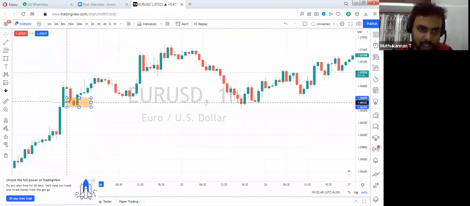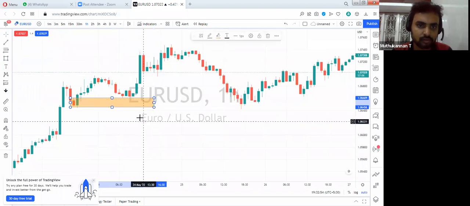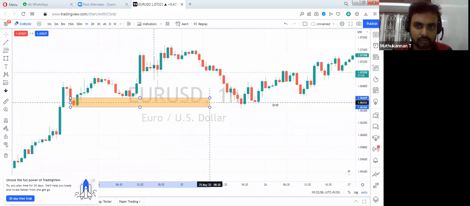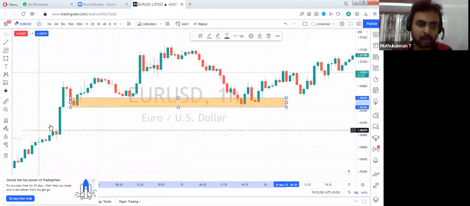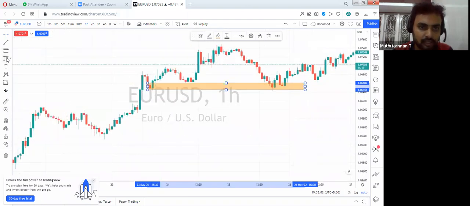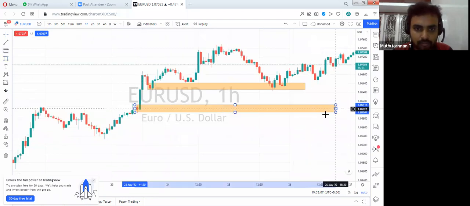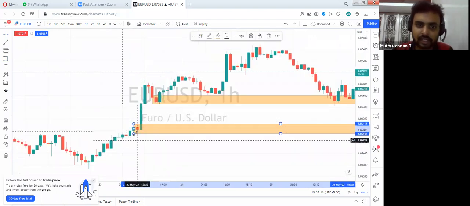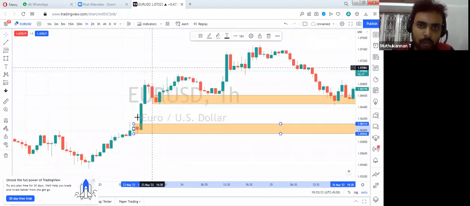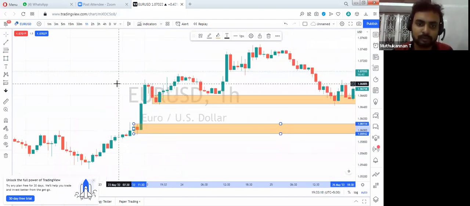I'll be marking only this candle, and I'll be extending the box like this. I don't know what is happening before. And here you can say that this is my bullish order block, because a bullish order block is nothing but the last bearish candle before the strong up movement.